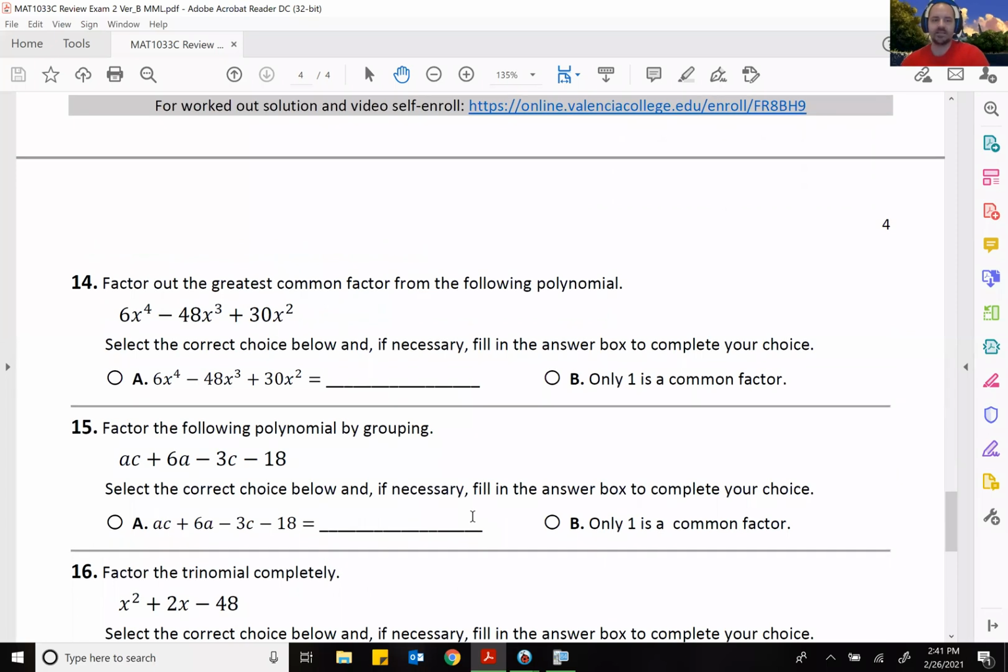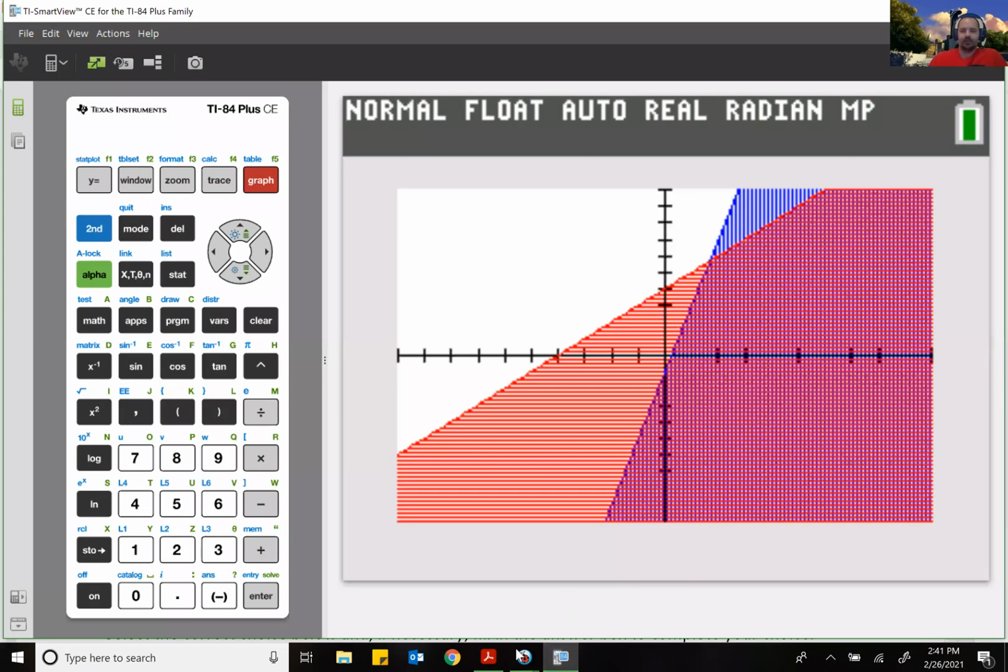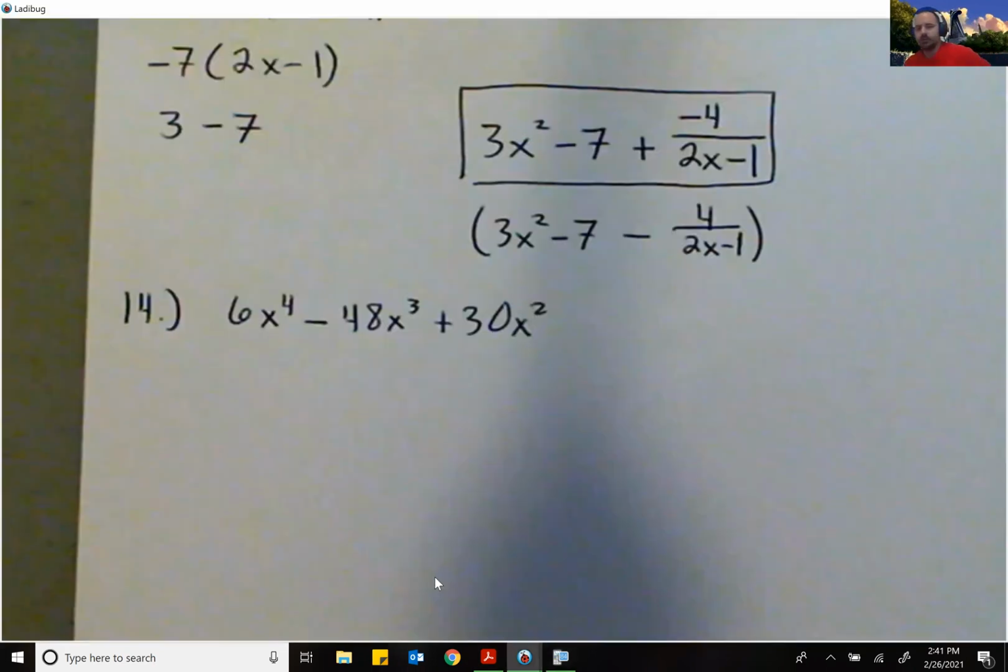So number 14, the directions say exactly what's going on. It's all about a GCF. So we've got this 6x to the 4th minus 48x to the 3rd plus 30x squared. So remember, there are two kinds of GCFs.